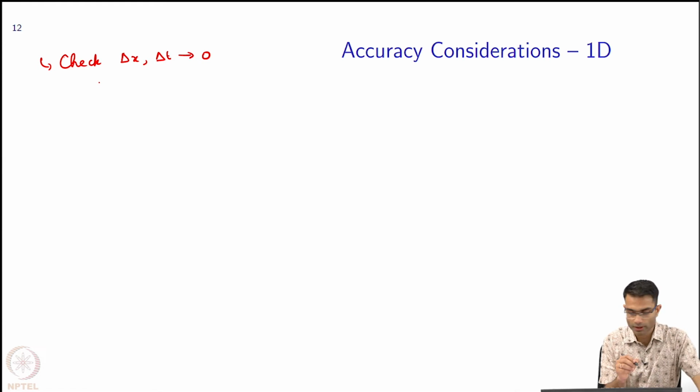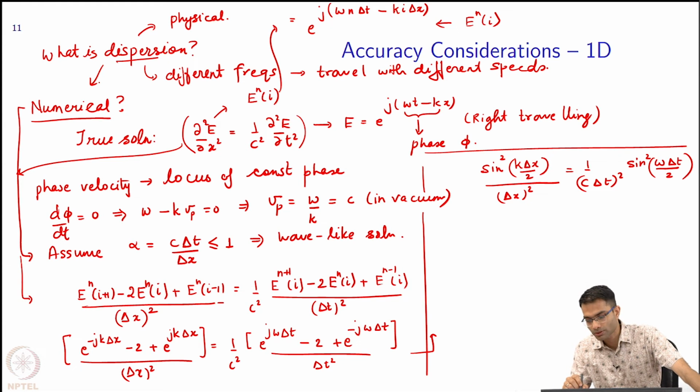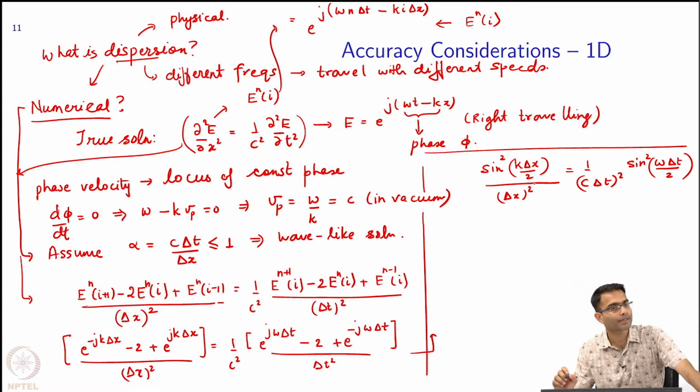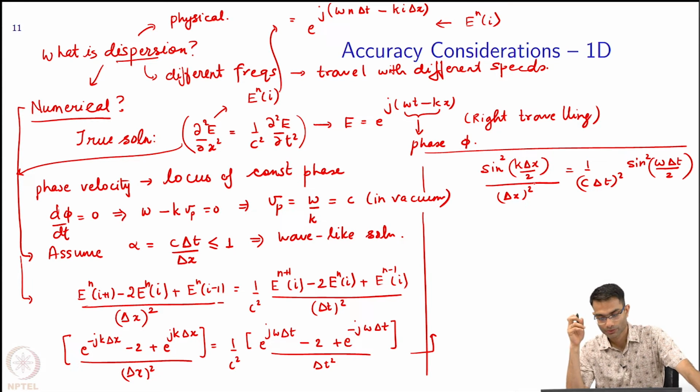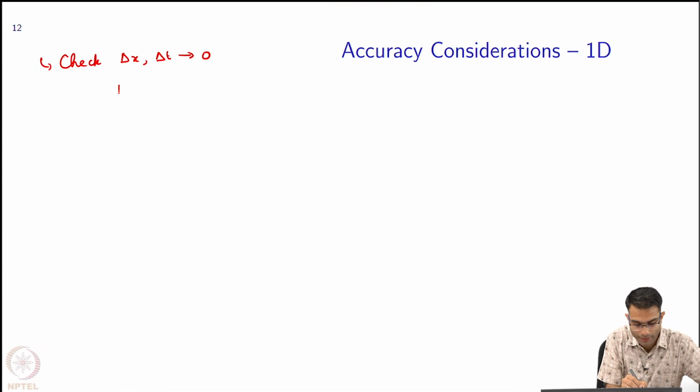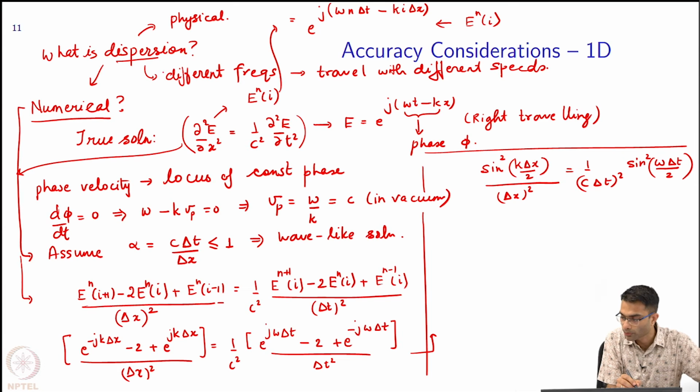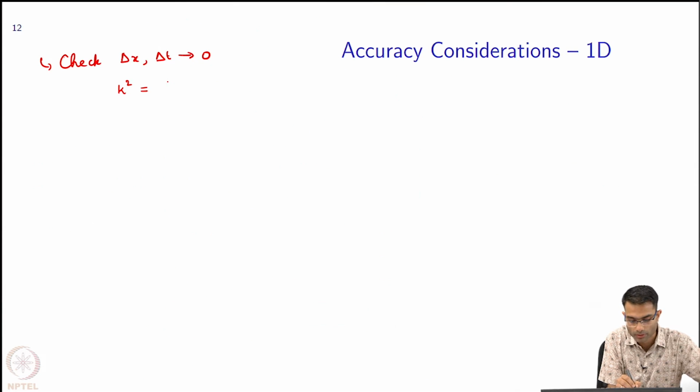So, this is going to become k delta x by 2 whole squared, and the right hand side will have omega delta t by 2 whole squared. The 2 squared and the delta x get cancelled off, so k will remain. So, I will get k squared is equal to omega squared by c squared.